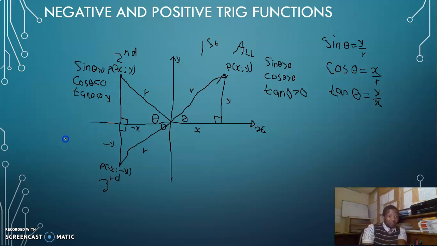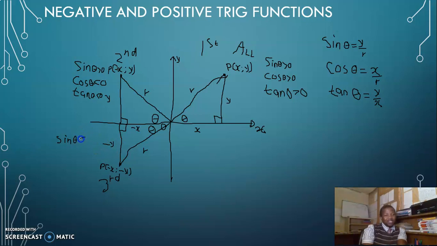So what do we have here? So let's start with sine theta. Sine theta is what? Our theta is here. Now, when we are drawing theta in the third quadrant, the theta must be here. So our sine theta is opposite over hypotenuse. So it's minus y over r. So the whole thing is negative.